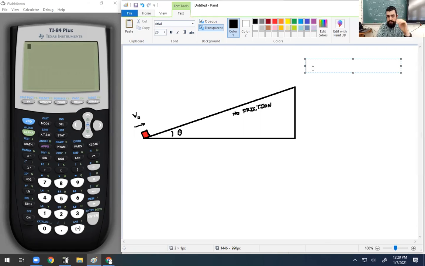So I guess the first question we could ask: how far uphill will the box go?